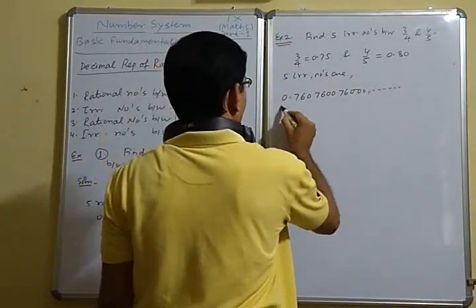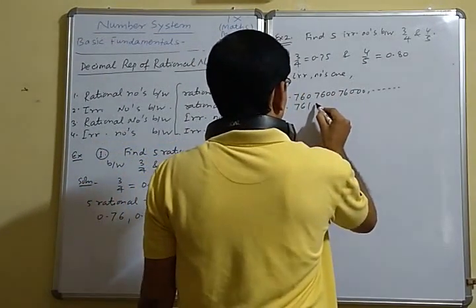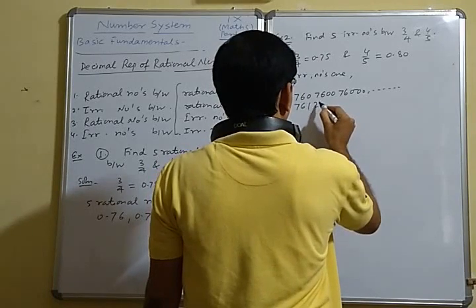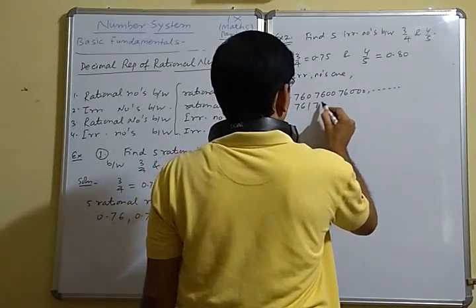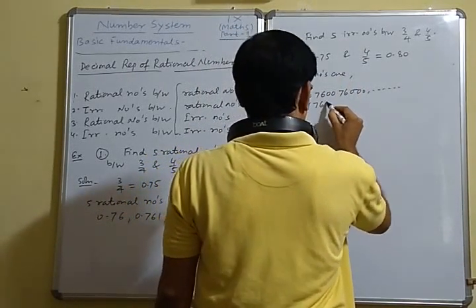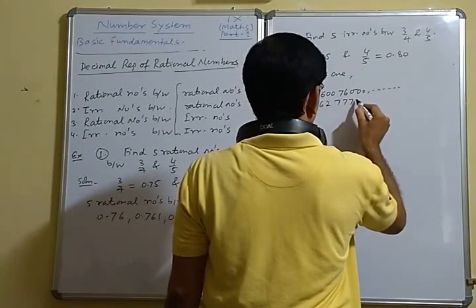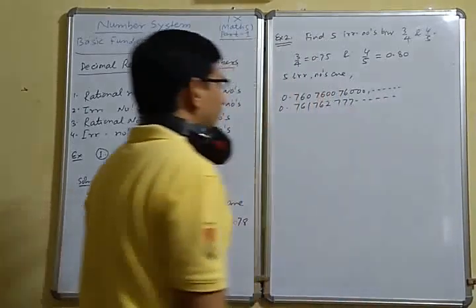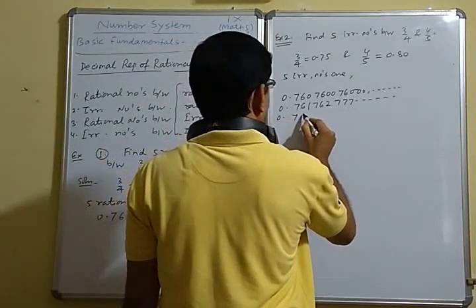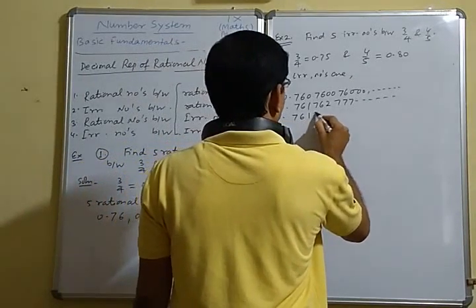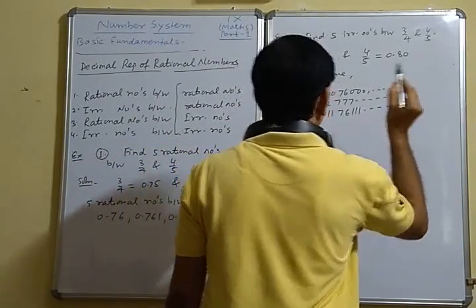Similarly, we can write another number, 0.761, 0.762, 0.777, and so on. This is the second number. Next, 0.761, 0.7611, 0.76111, and so on.